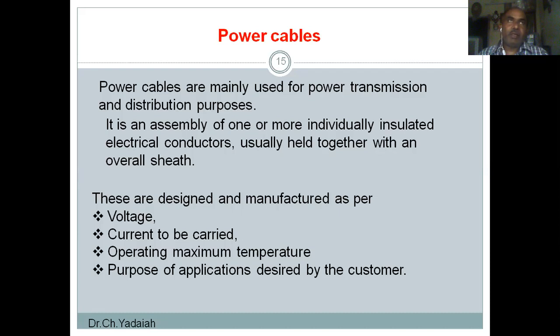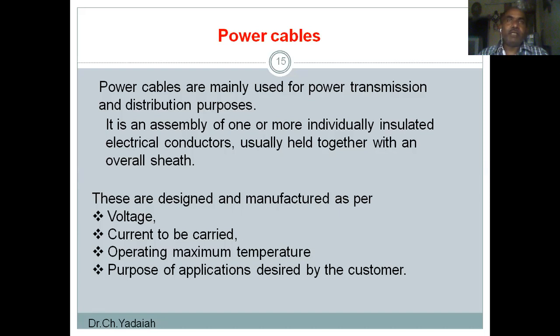Another factor is how much current has to be carried without heating, and the maximum operating temperature. The cable is exposed to atmospheric conditions, and whenever current passes through the conductor, some heat may be produced.